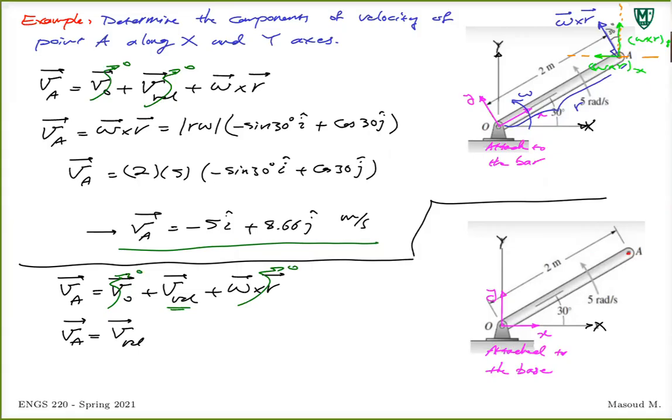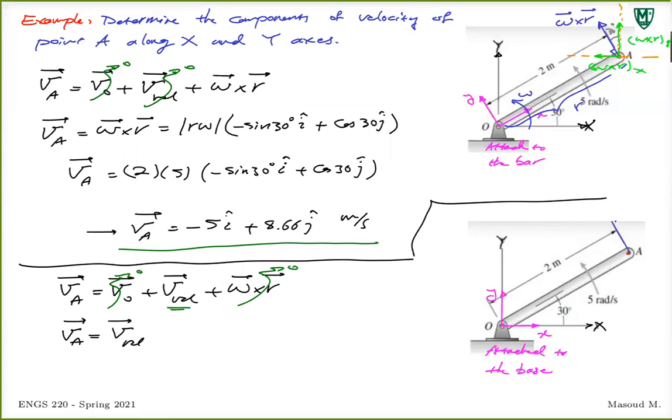Now, what is V relative? It's a redundant way of solving this, but I just want to show you that this is the same process as long as the equation is the same, as long as you figure out parameters correctly. V relative is the velocity of A in local frame. That's pretty much what we found before. This is the velocity here.